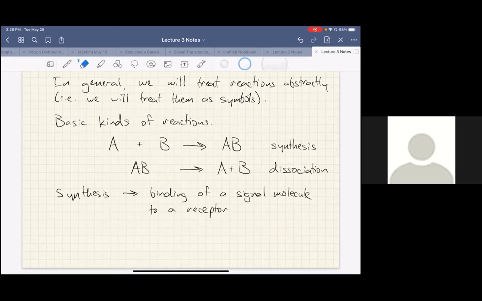And dissociation could be the processing of the signal molecule.